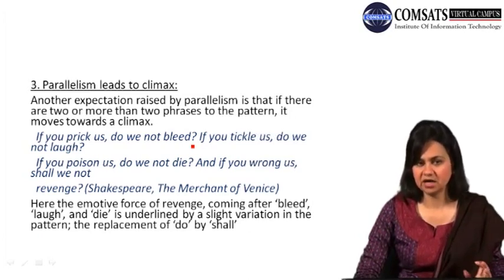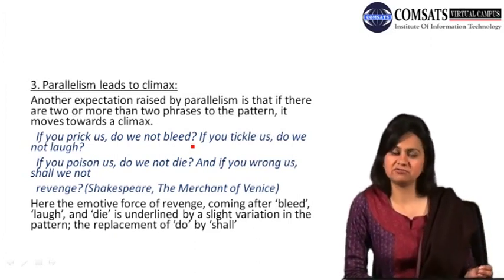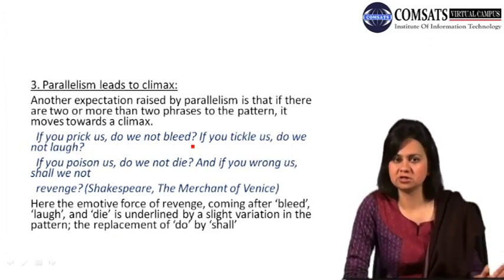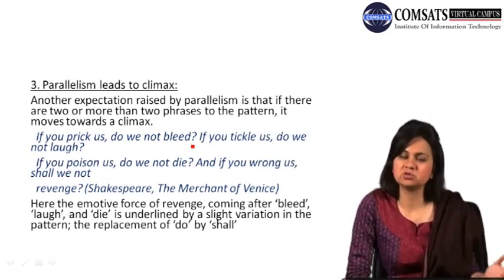He says, if you prick us, do we not bleed? For the sake of understanding how parallelism leads us to a climax. Climax is the peak, the very height of some thought, where the writer would like to take the reader gradually.